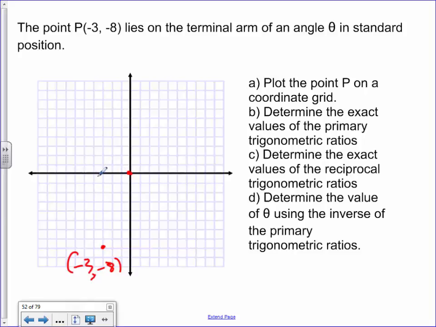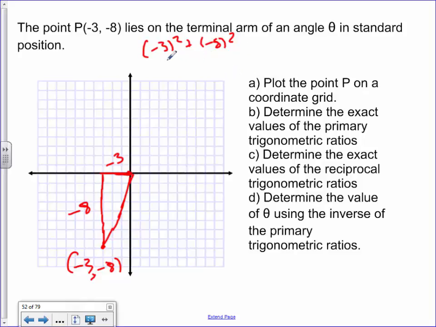When it comes to drawing this triangle, again, always draw the triangle to the x-axis, so it's going to look something like this. That's a -3, that's a -8. First thing we need to do is find the hypotenuse. When you take -3 and square it, you still get a positive number, right?